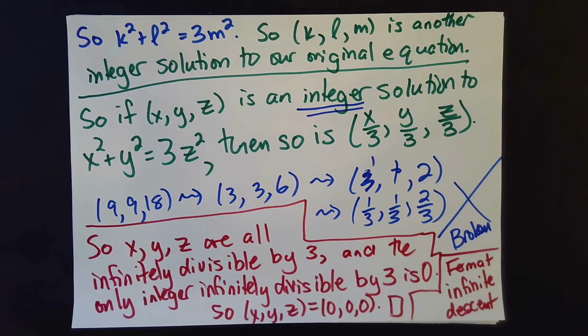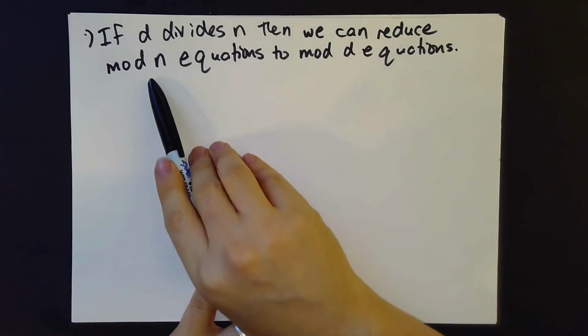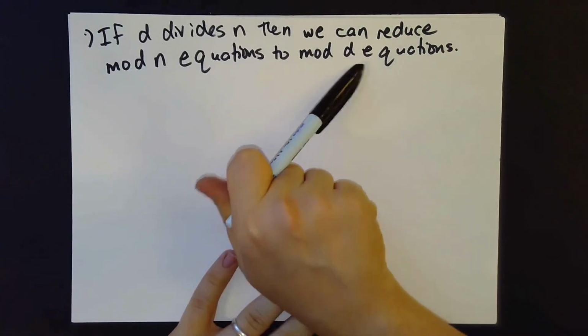Now, I called this map from Z to the integers mod n a reduction map. I want to point out, though, that there's not only reduction maps from the integers to mod n. There are reduction maps between some moduli. So, if d is a divisor of n, then we can reduce mod n equations to mod d equations.